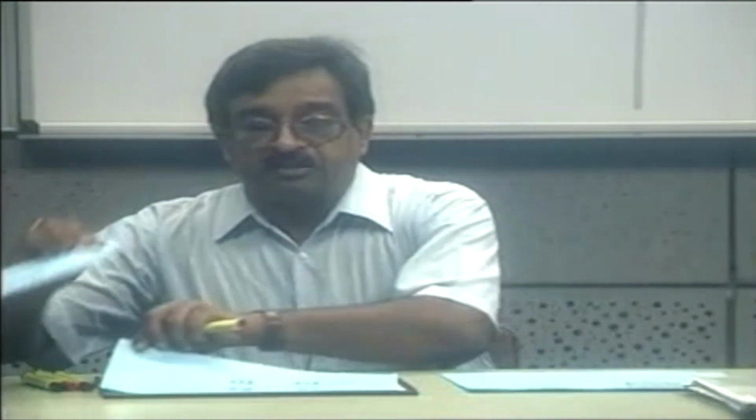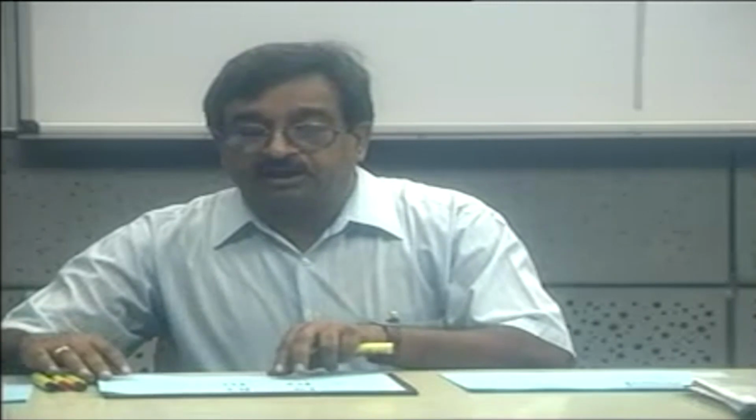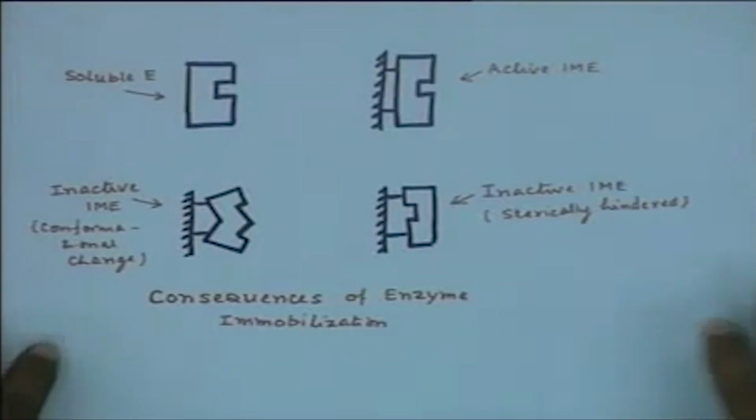So all the intermolecular forces that contribute to the enzyme conformation are altered. A very common feature is that upon immobilization an enzyme may undergo some kind of unfolding, some kind of stretching. Of course, there are no simply measurable quantitative parameters.